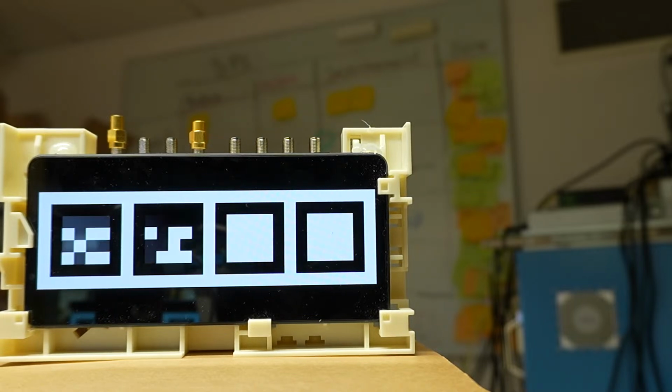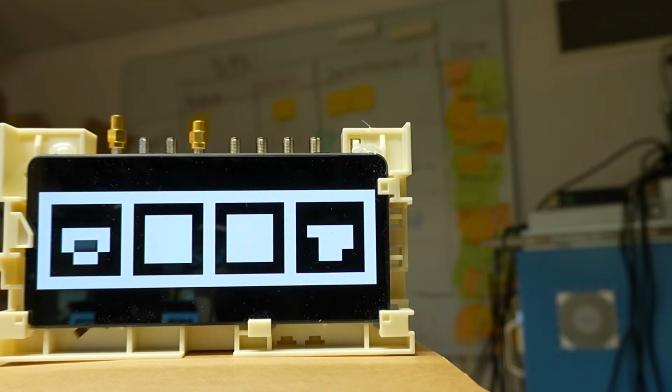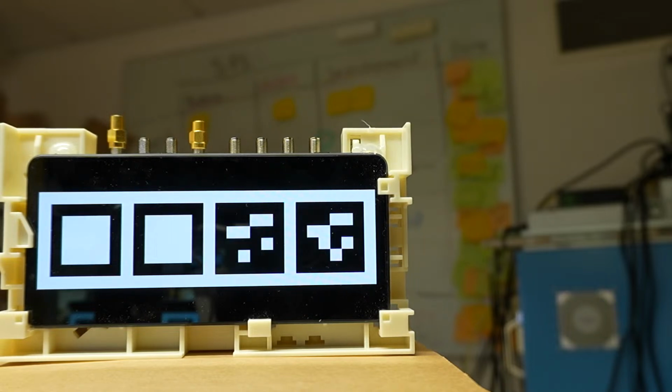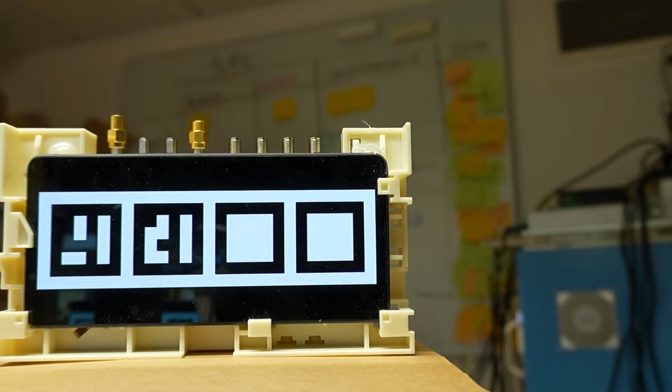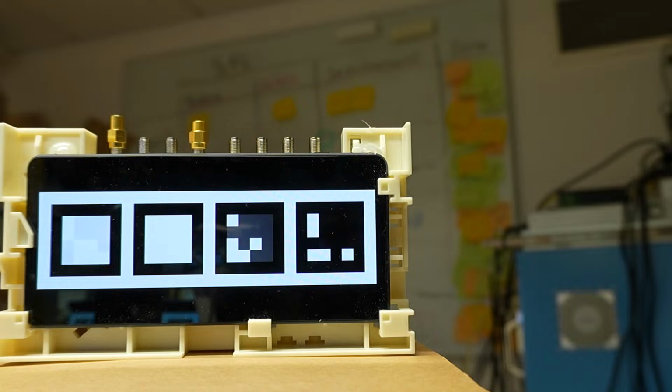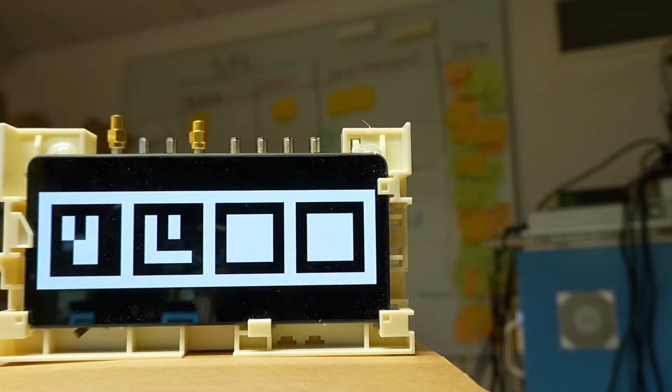So then I put this in, which is just a statistical summary. It's counting 490 samples that it managed to collect. That means there were 490 frames where it managed to decode all 4 codes of the source and destination.